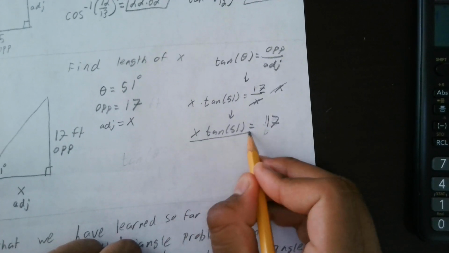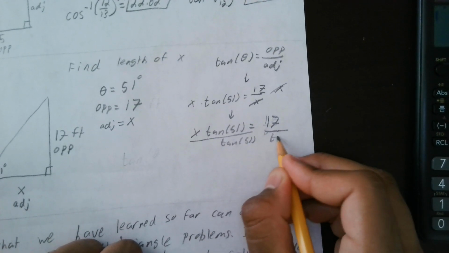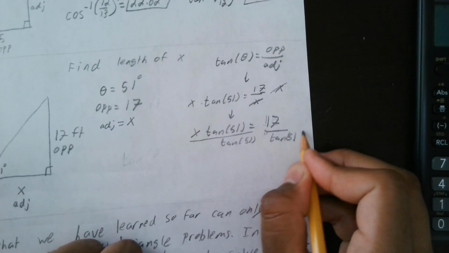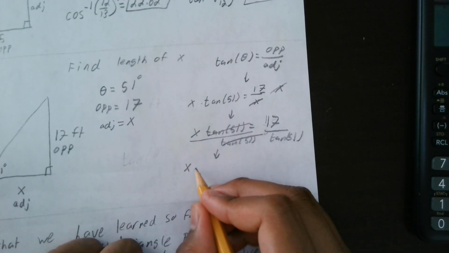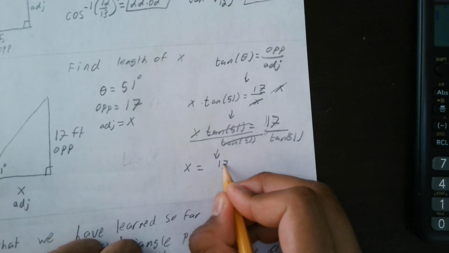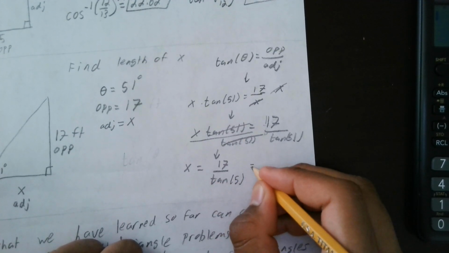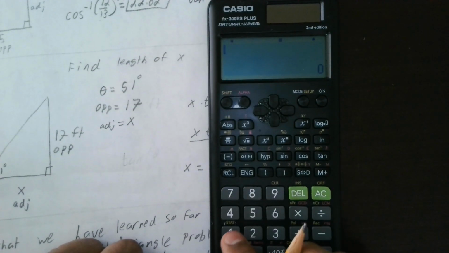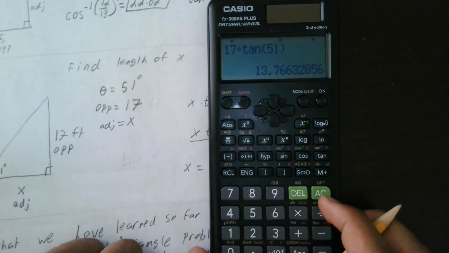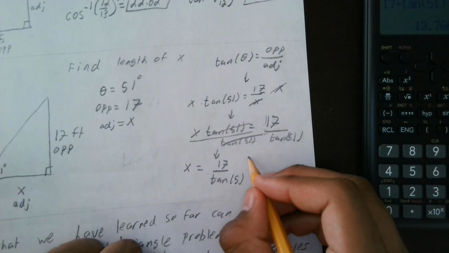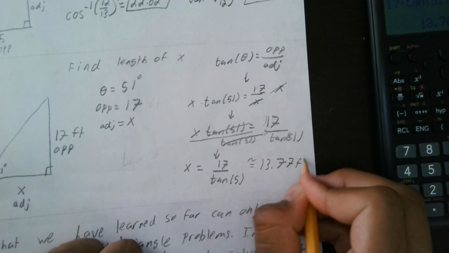And finally, we divide both sides by tan 51. We get x equals 17 over tan 51, which means, if we use a calculator, x is equal to approximately 13.77 feet.